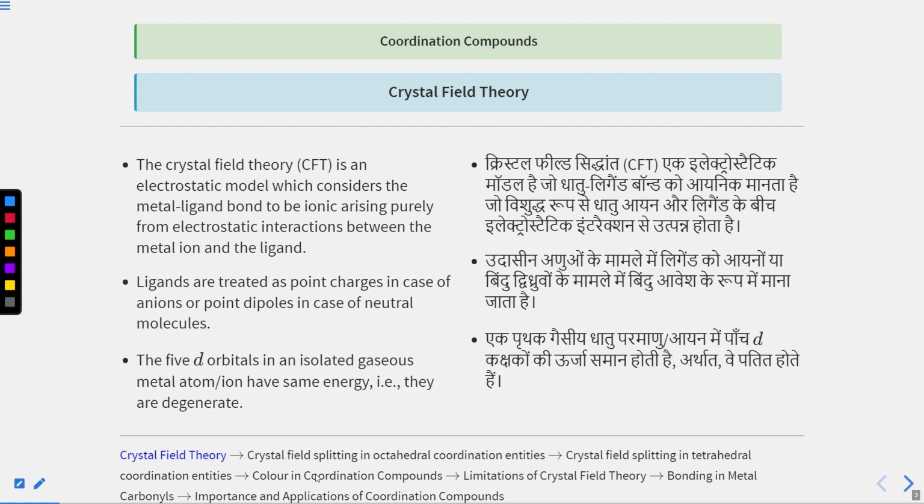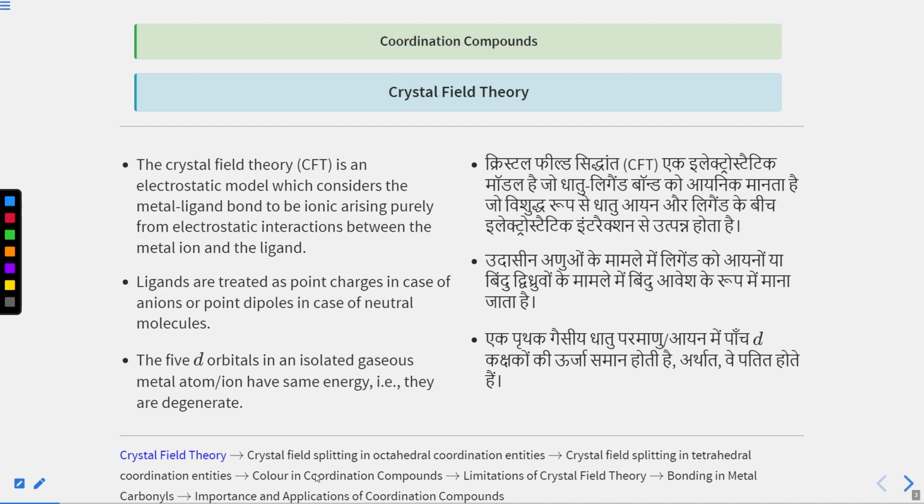Now, in case of transition metals, which are the ones forming the coordination compound, we have d orbitals. These 5 d orbitals are completely degenerate in case of a gaseous metal atom or ion.